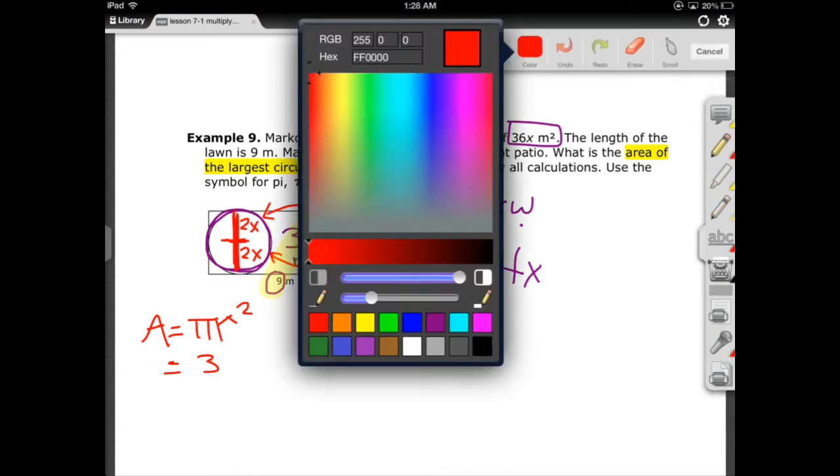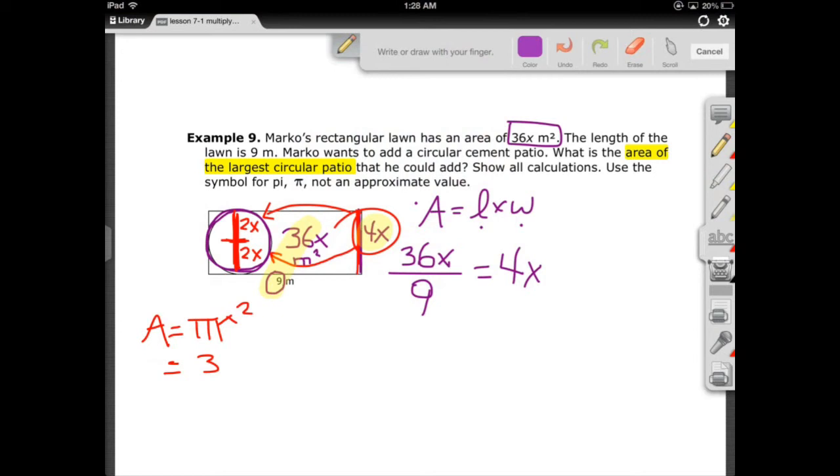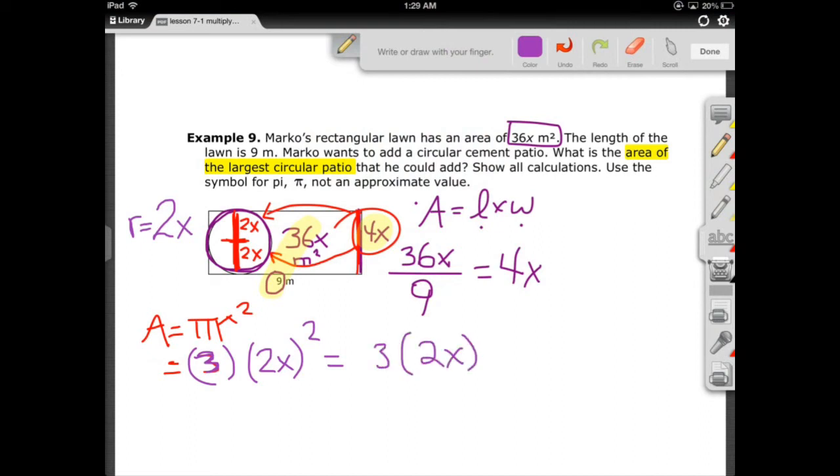So area is equal to pi, so we'll use 3 for pi, and we'll multiply that times the radius squared. The radius is the expression 2x. Okay, no problem. Multiplied by 2x squared. This can be written as 3 multiplied by 2x multiplied by 2x. Now you could have done that a little quicker, but I just showed you the full answer.